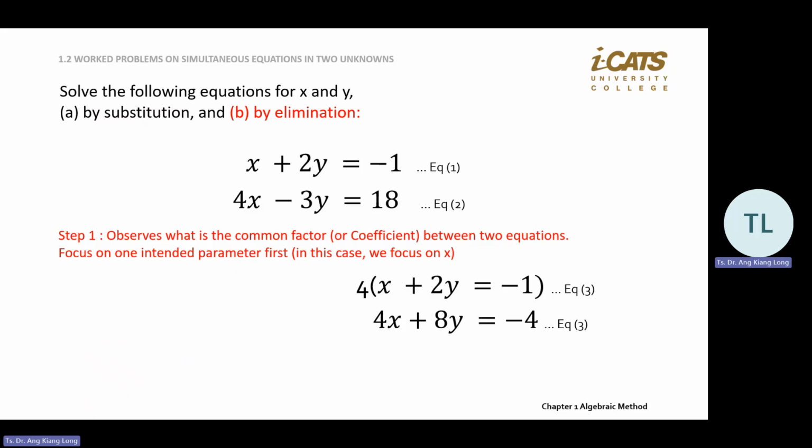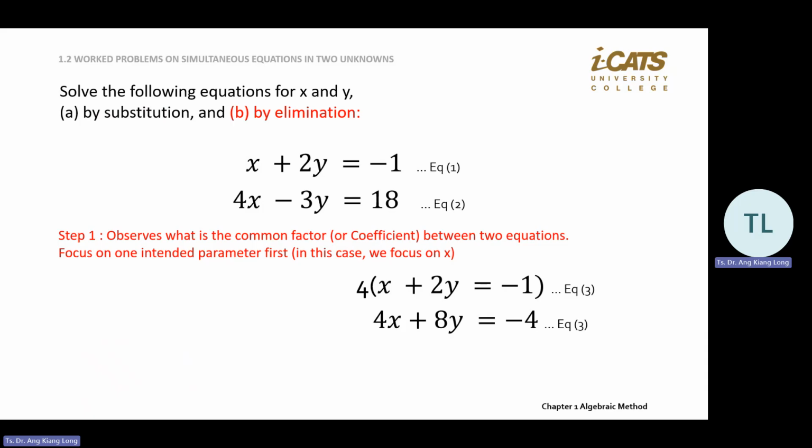In the exam, you don't need to write the red color one. The red color is just to explain what I'm trying to do. You only need to write equation 1 multiply 4, then write the steps.